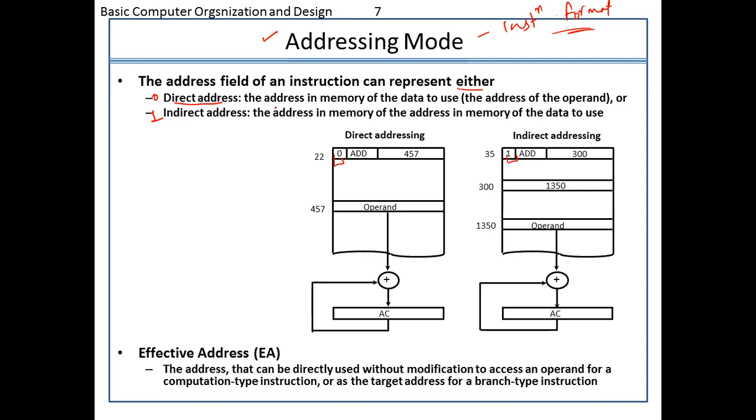First is the direct addressing. The address in the memory of the data to use. So whatever address of the data is present in the memory, we need to use that particular address. Let's understand again. This is nothing but the instruction. Remember, in the memory we are not only having the data, but the instructions are stored here too. This is the instruction which came, like 457.